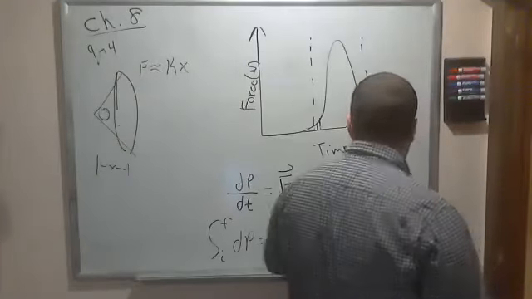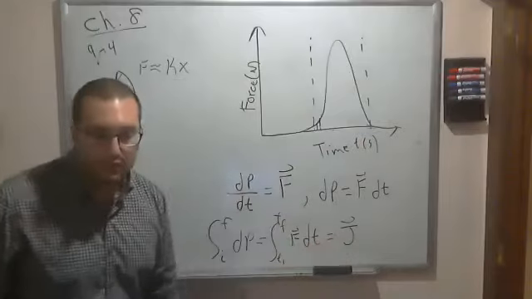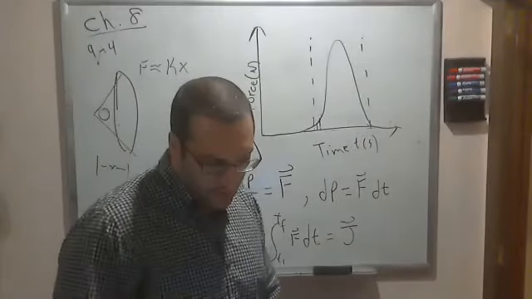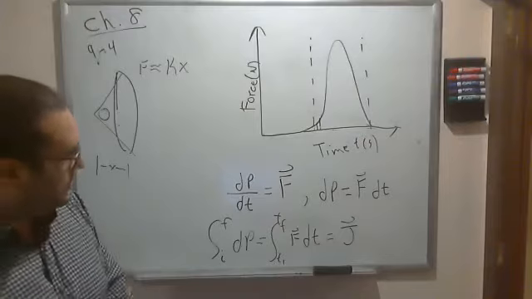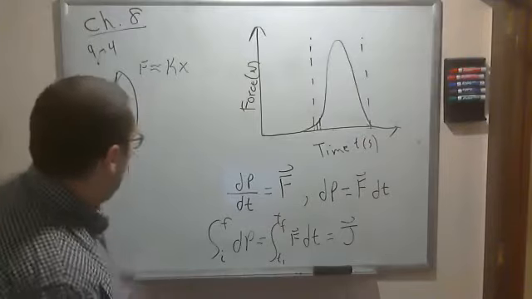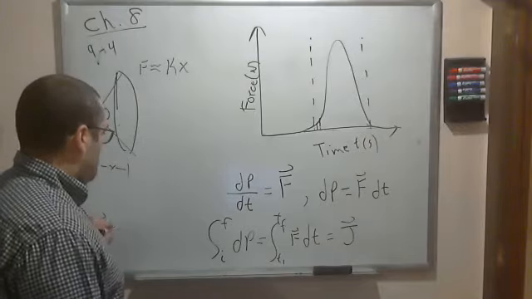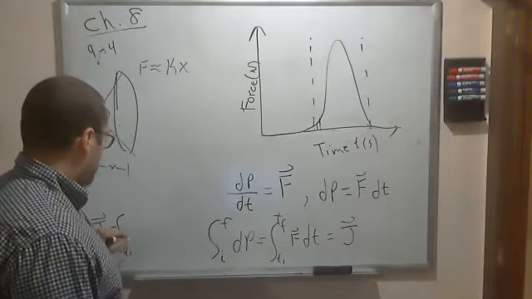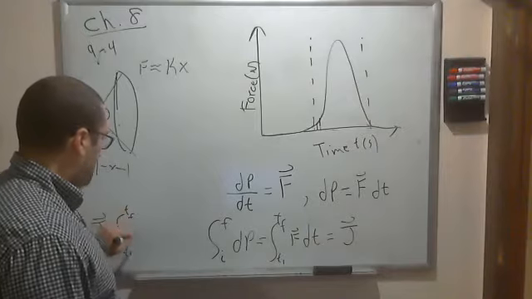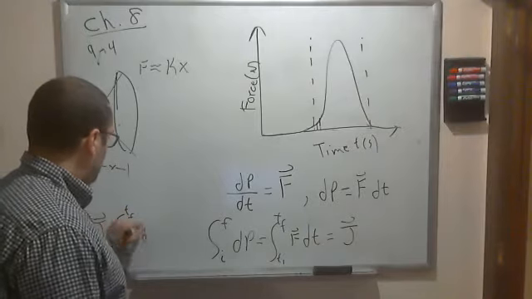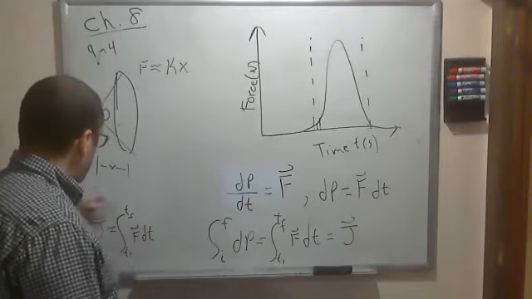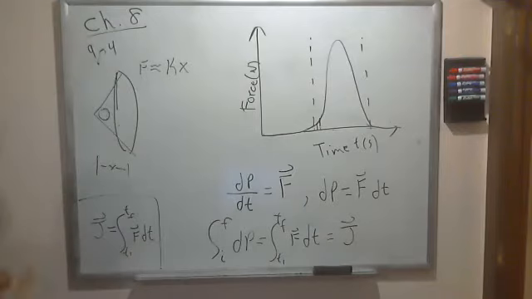We'll define it by J. J is the impulse, right? So let me write it over here. Right, and this is the impulse.